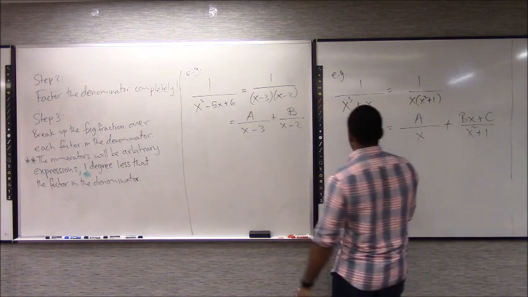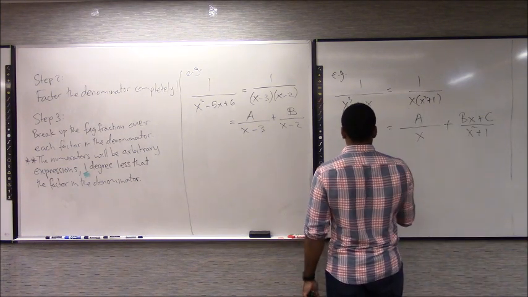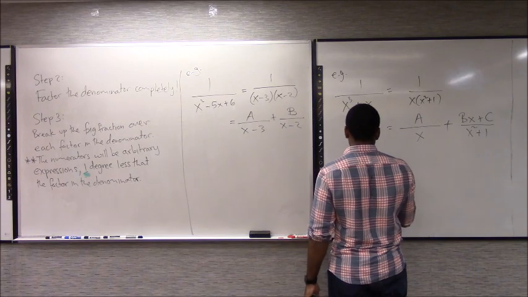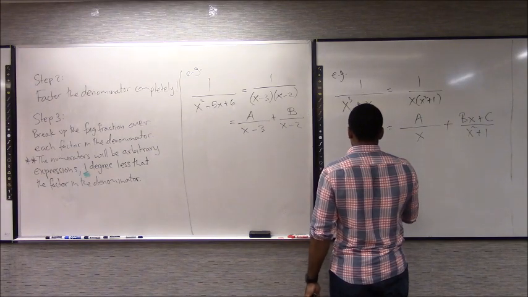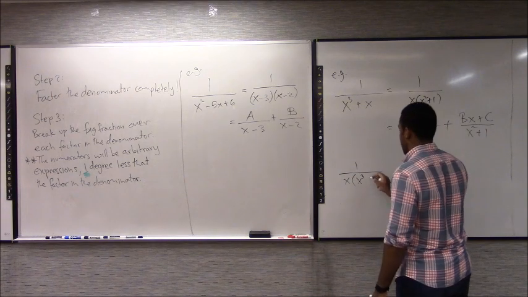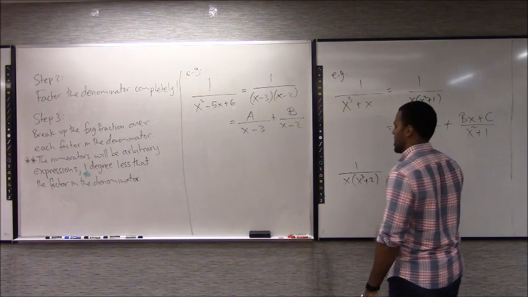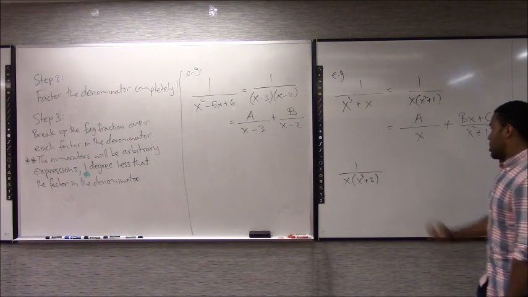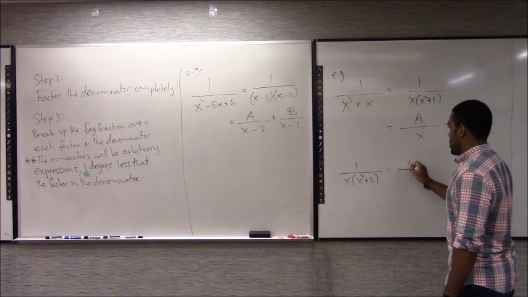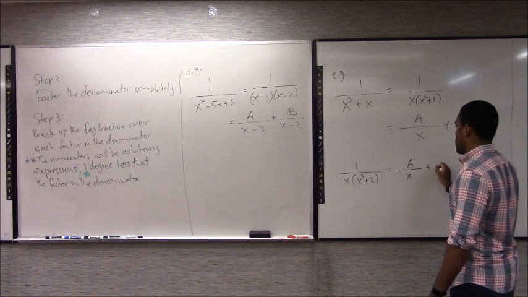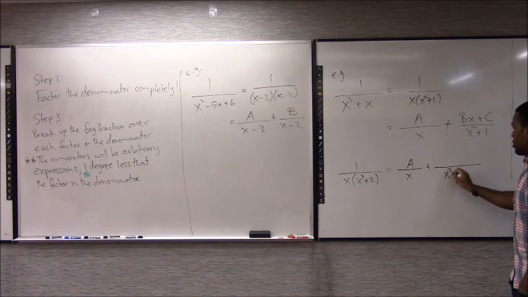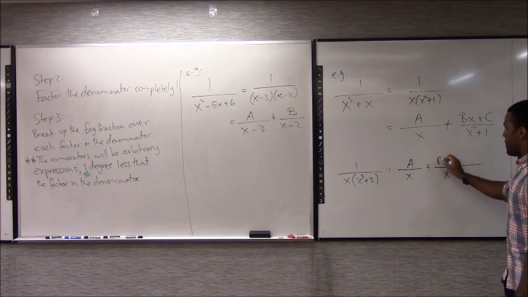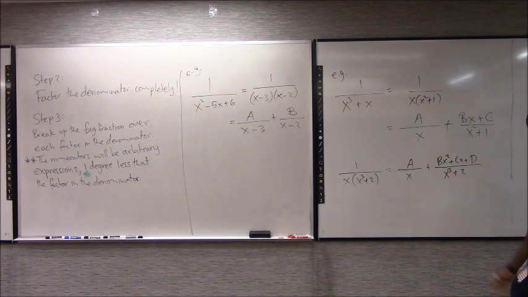If it's something like 1 over x times x cubed plus 2, something that doesn't really factor nicely, you would break that up into A over x plus, here this is x cubed plus 2, you're going to do bx squared plus cx plus d, right?